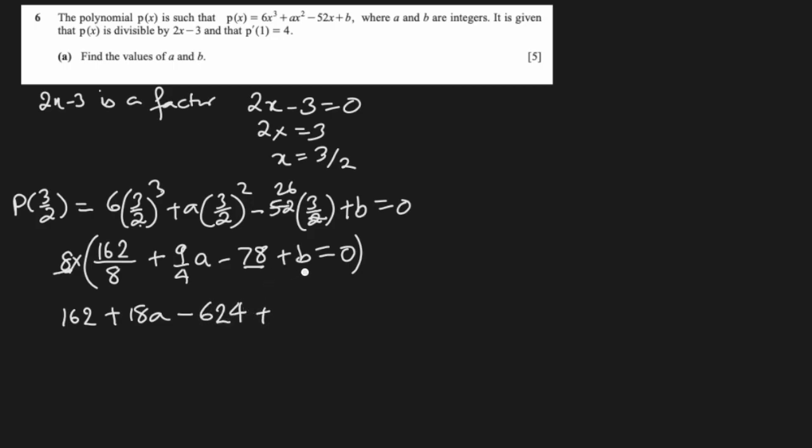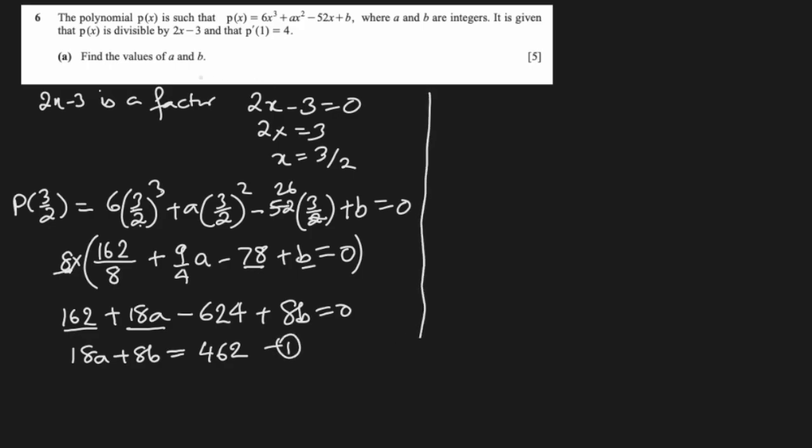Okay, plus b times 8 is 8b. Let's rearrange: 18a plus 8b equal to, if I subtract, 624 minus 162 will be 462, and that will be negative, but if I write it on the right side it will be positive. Okay, this is equation number 1.